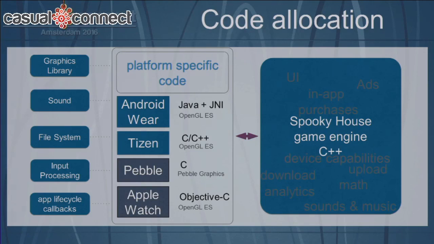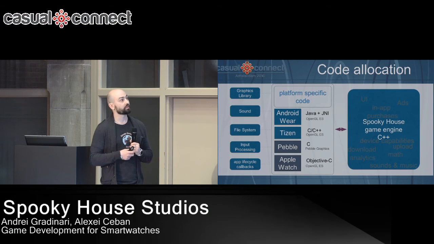And what next? We have not yet ported our games to Pebble or Apple Watch, but we're thinking about it. The main constraint here for Pebble is they don't have touch input, just the hardware buttons, and the private graphics library like Pebble.